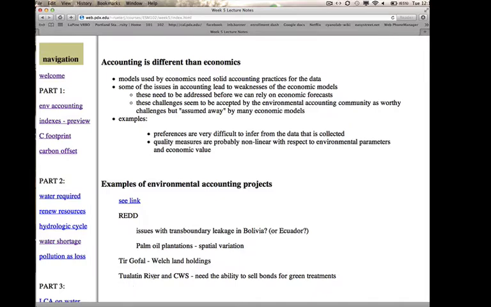Another example down here, local Tualatin River and the combined water and sewer. They needed a way to process the water that comes out of the Tualatin sewer plant so it was at a lower temperature.